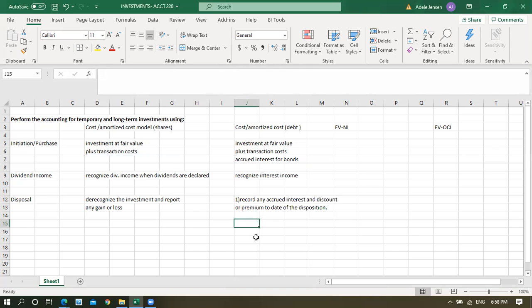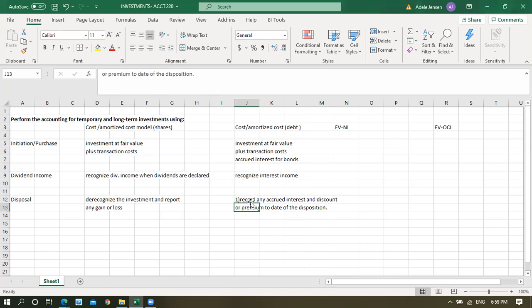So let's say, going back to our example, that interest was paid annually every January 1st. Well, let's say that instead of disposing it nice and simply on January 1st, after having been paid that accrued interest, we are actually disposing it at a different date. So let's say we disposed it on March 1st.